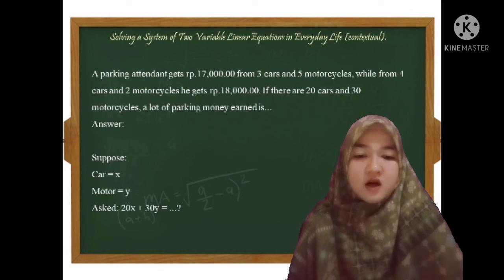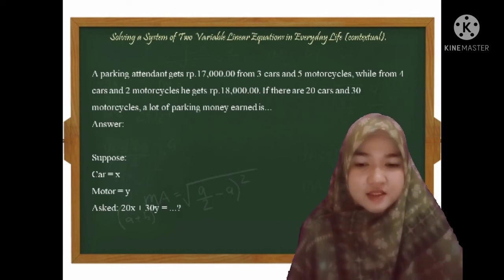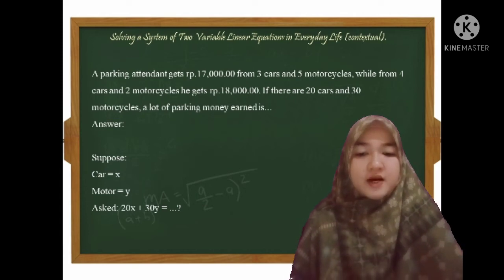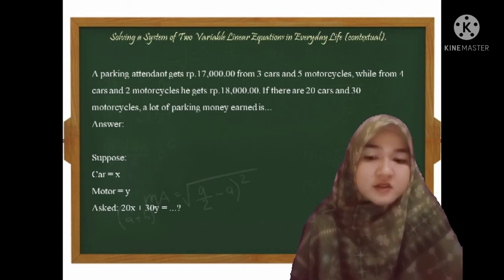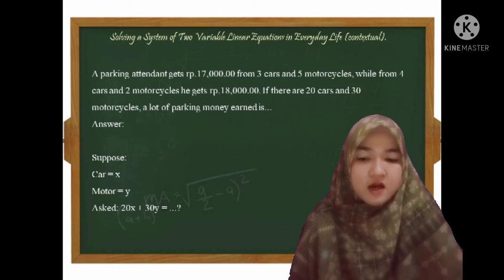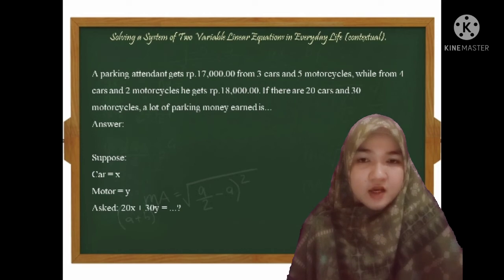If there are 20 cars and 30 motorcycles, how much parking money is earned? Answer: suppose car equals x and motorcycle equals y. Asked: 20x plus 30y equals.